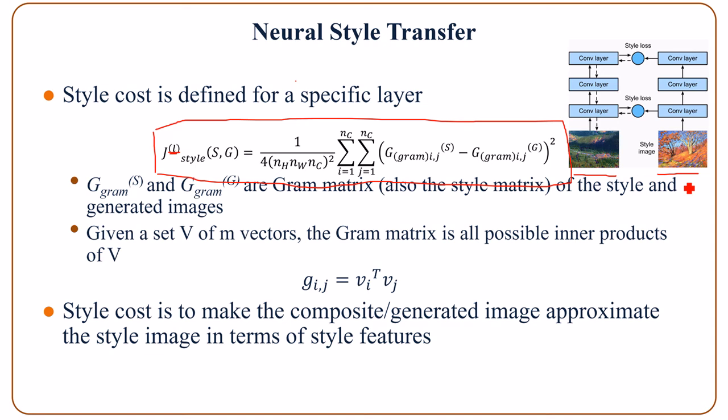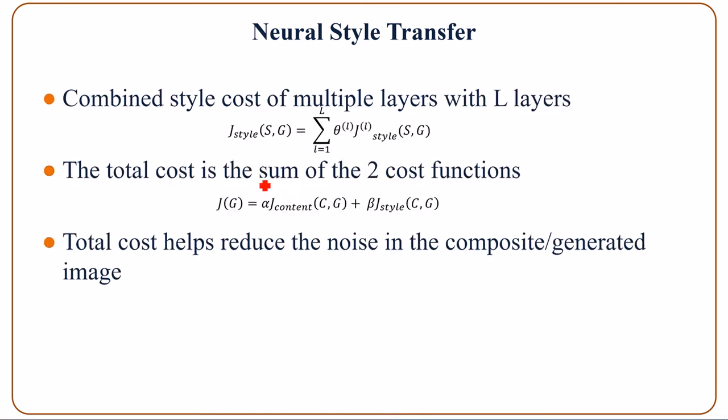Sending the images through the pre-trained network, we decide the layers at which we calculate the style cost, for example at layer 1 and layer 3. We can also do layer 2 as well, and then we sum all the costs together.